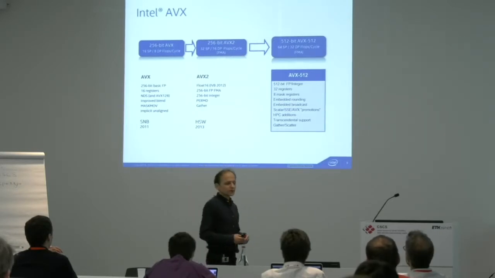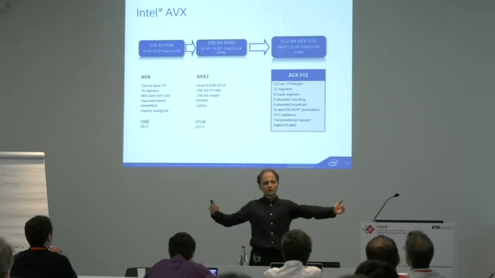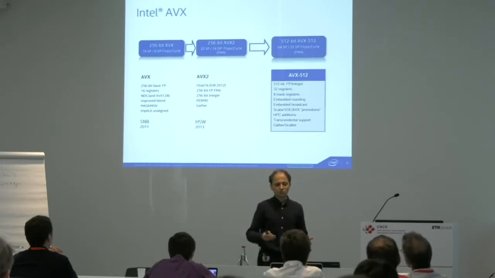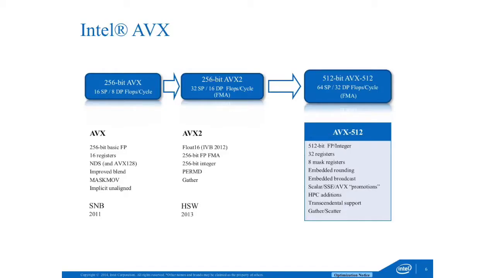And there is no need for that, and as the vectors become longer, that becomes more of a problem. So the instruction set also introduced additional registers, K registers, to cover masks and things like this, and also unified the instruction set in the sense that all instructions can be masked.